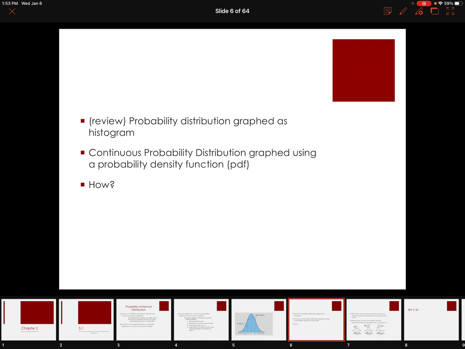Okay, so remember, when we had probability distributions, we graphed them as histograms. Continuous probability distribution is going to be graphed using what we call a probability density function. Okay, so if I were to write out the probability density function, it looks like this.